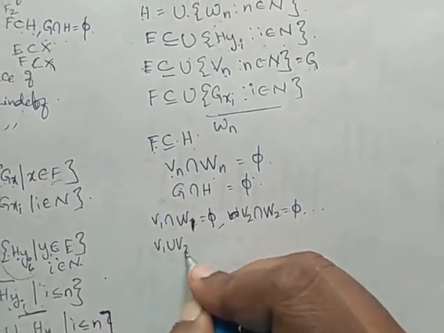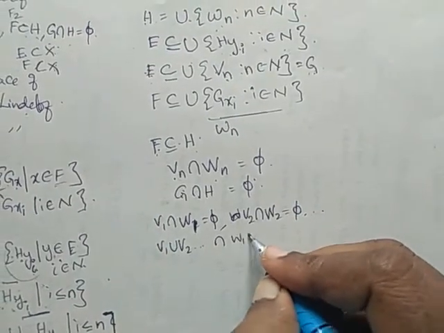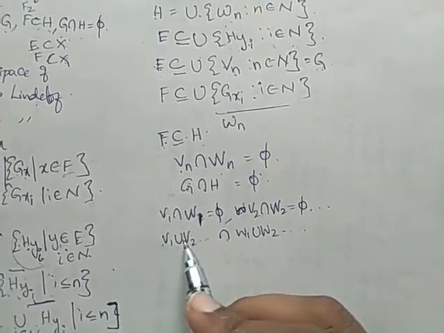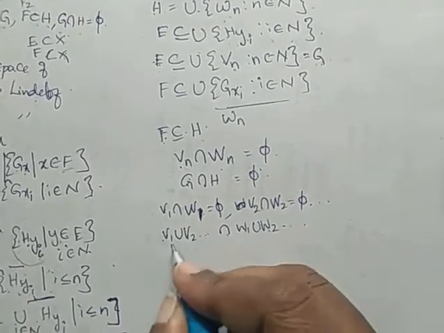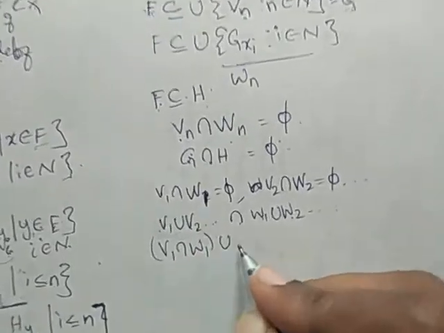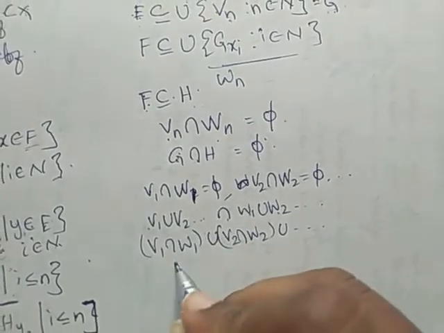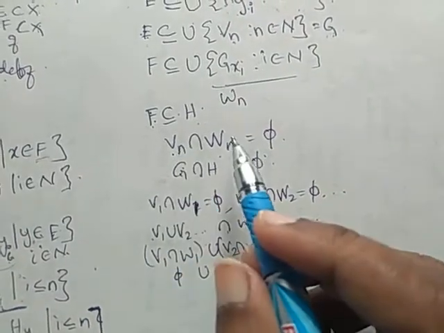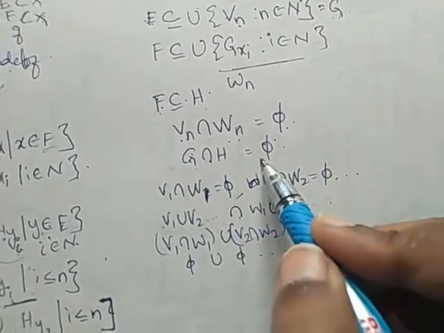V1 union V2, etc. Intersection H is W1 union W2, etc. So it means V1 intersection W1 union V2 intersection W2 union, etc. This is null set, union, null set, etc. So, Vn intersection Wn equal to null set implies G intersection H is the null set.